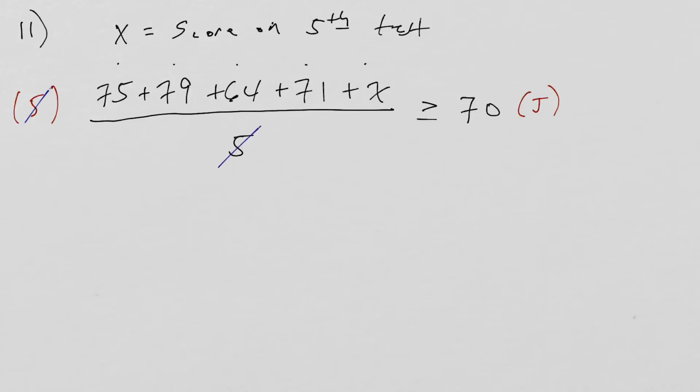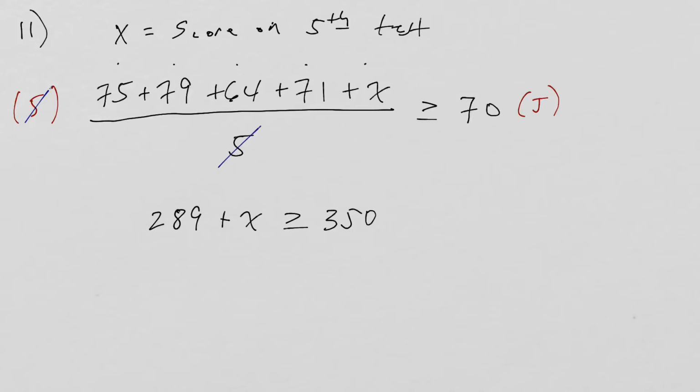I'm going to use a calculator and I'll just add this stuff up. 75 plus 79 plus 64 plus 71. I get 289 plus x. This is greater than or equal to 5 times 70, which is 350.